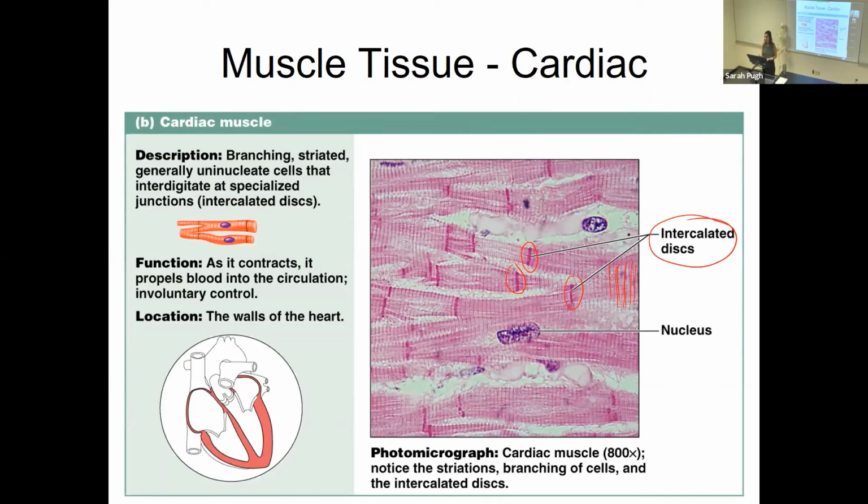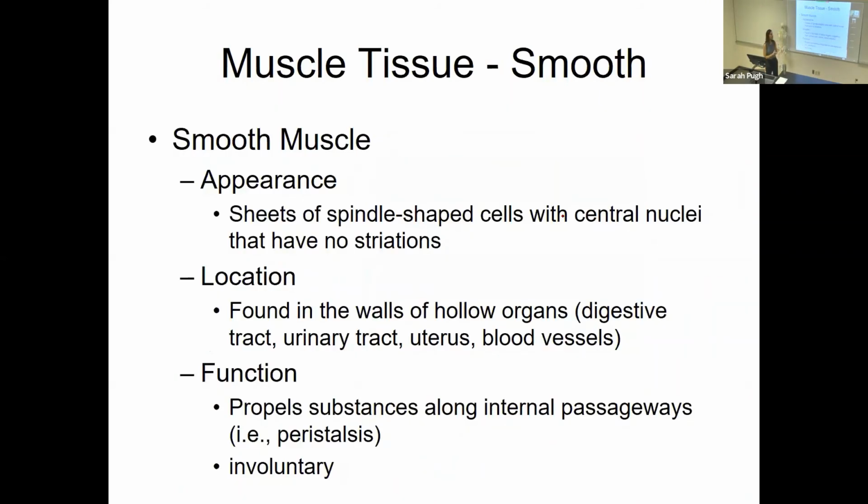It's not multinucleate, it's uninucleate. So you see a few nuclei scattered around, but not a bunch. And then you also see a lot of branching. Instead of having this nice long cell, you'll see the cells branch. Now our last type of muscle is smooth muscle.